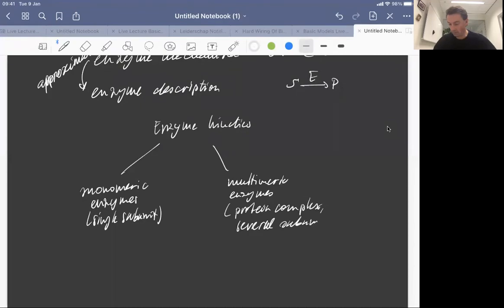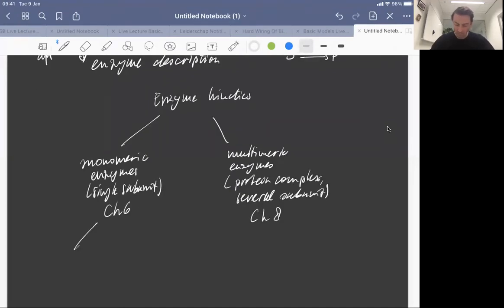Now these subunits can be identical or different, and the general case is even that these subunits are different. And this is explained in another chapter, I believe that's chapter 8, and this is chapter 6.